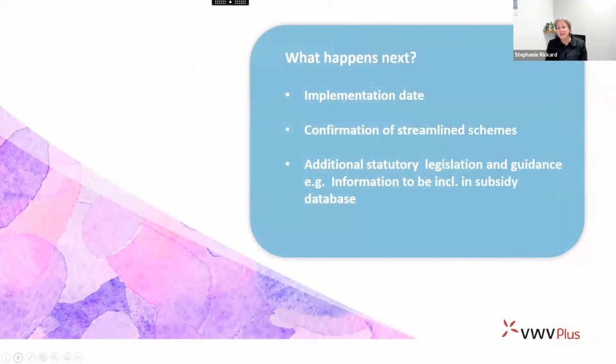As I say, the Act has got royal assent, so all we're waiting for now is some further guidance on the streamlined routes and some of the requirements about what information needs to go on the database, and an implementation date. Now, we had originally thought that it was going to be in autumn, but I think probably the expectation now is it's going to be likely towards the end of the year, given the changes in government.